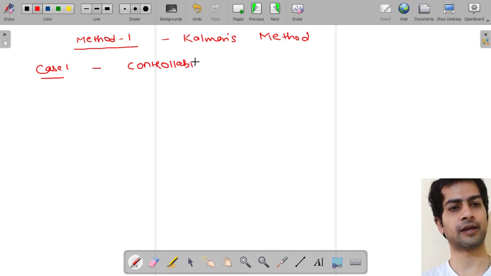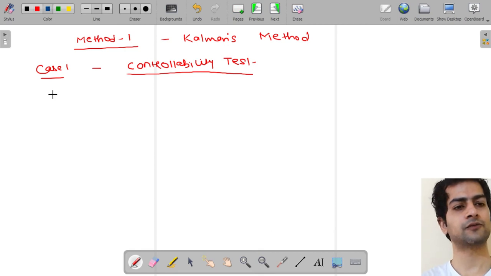So I will write it as controllability test. Suppose we have a matrix of order n cross n. So what will be the rank of the matrix? It will be n.